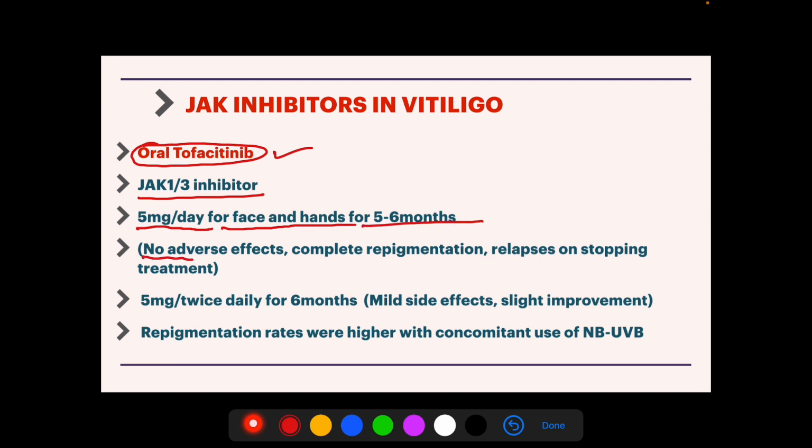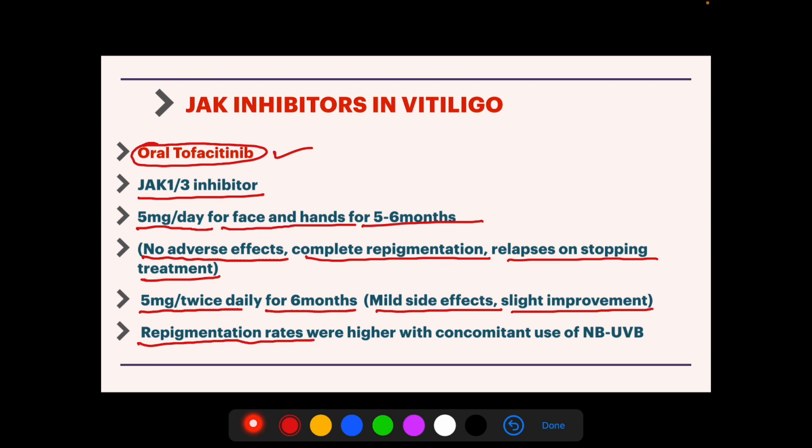There are no major adverse events and it results in complete repigmentation. Relapses on stopping of treatment can occur. If 5 mg twice daily is used for 6 months, then mild side effects occur with slight improvement. Repigmentation rates were higher with concomitant use of narrowband UVB.